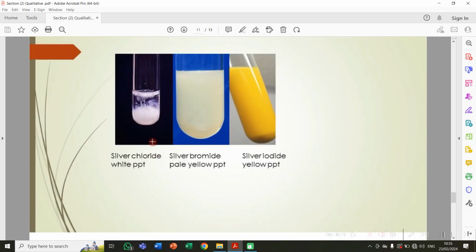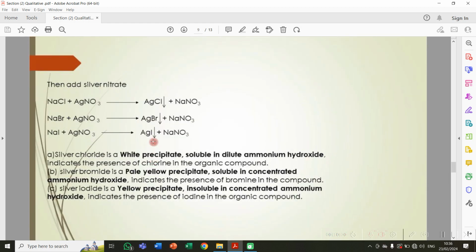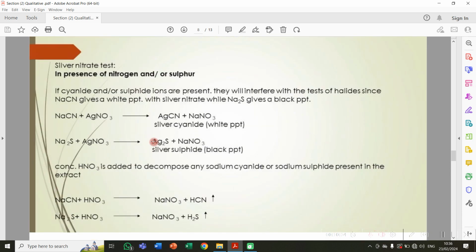But in case of presence, let's return back. In case of presence of nitrogen and sulfur, we cannot put directly the silver nitrate. No, it won't be good. Why? Because if we have nitrogen in our compound, it will give us sodium cyanide by the reaction with sodium in the Lassaigne test.